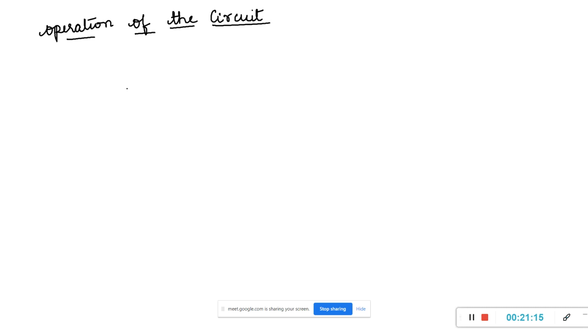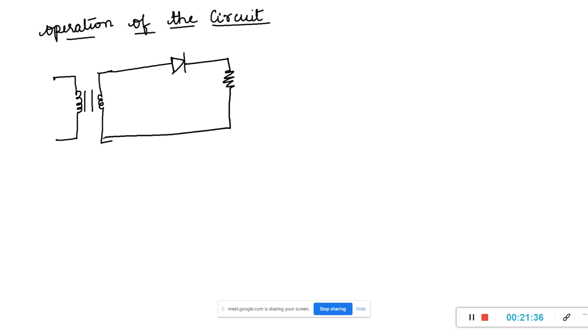When the diode is forward biased, what happens? When the diode is reverse biased, what happens? We have a circuit here with a diode and a resistor.